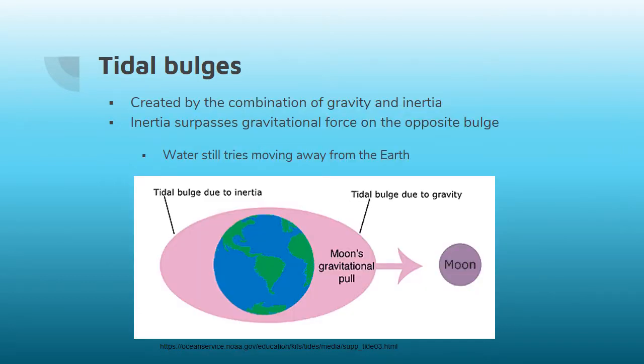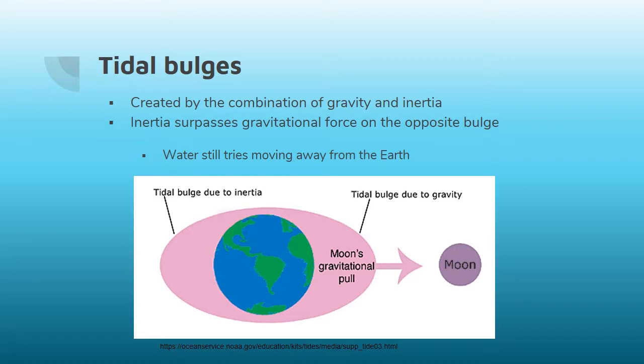So tidal bulges, the two different ones, are created by a combination of gravity and inertia. The bulge that is facing the moon is due to the moon's gravitational pull, and that's the tidal bulge that's fully due to gravity. And then we have on the other side, the opposite side, a bulge that's due to inertia, which surpasses gravitational force on the opposite bulge.